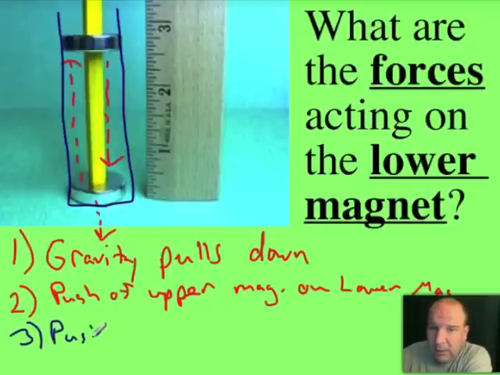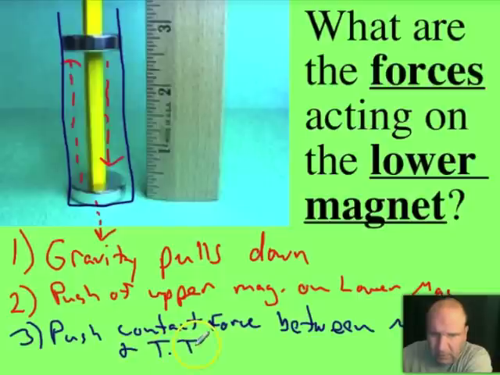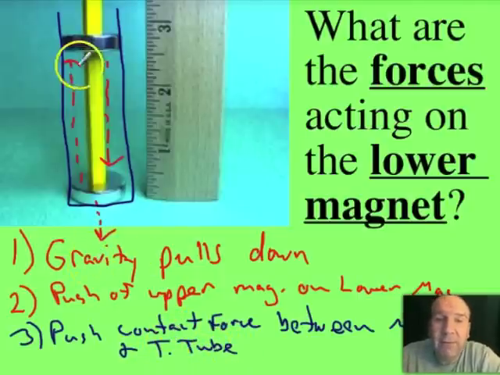And we can even say push contact force. Again, I apologize for my writing. It's really weird writing like that. Push contact force between magnets, and I'm just going to put test tube. So those would be the 3 if we included that.